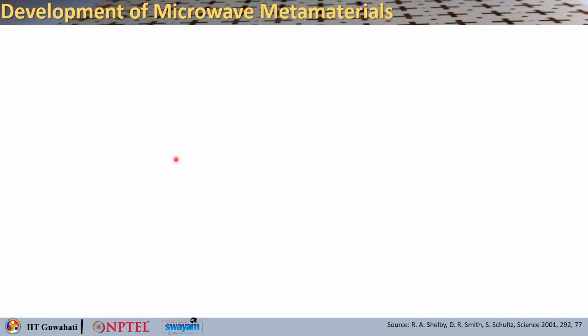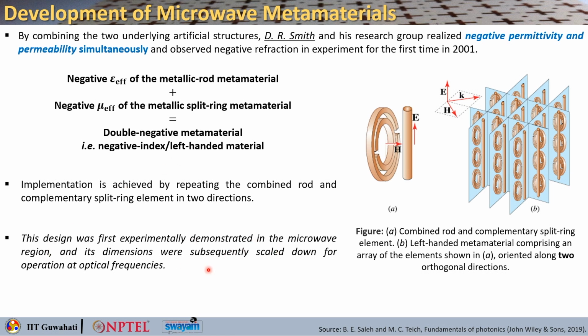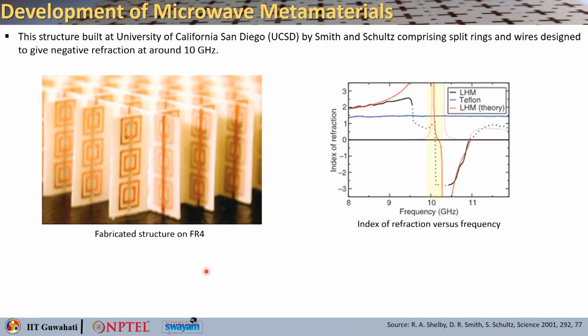Okay. So the design was shown in the microwave region, but its dimensions can be scaled down for operation at optical frequency. So this is the first photograph of the left-handed material sample. You can see that there are split ring resonators made on fiberglass circuit board material.